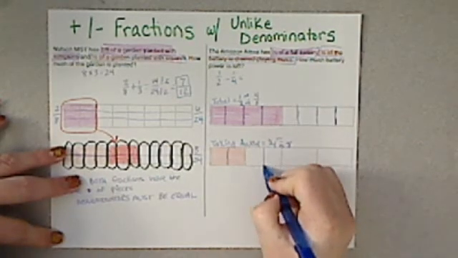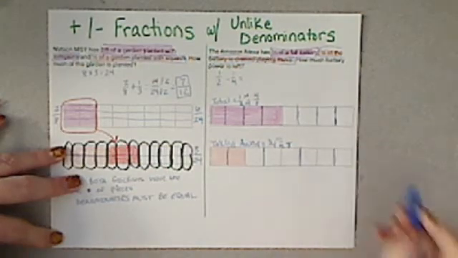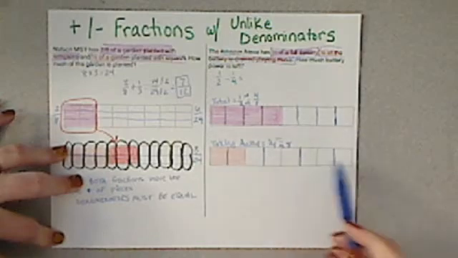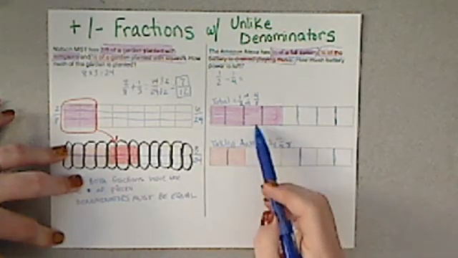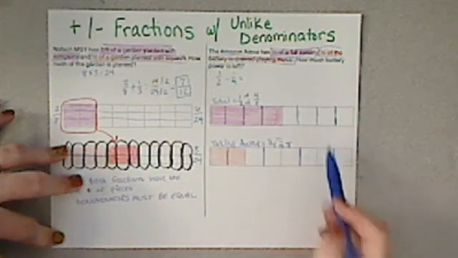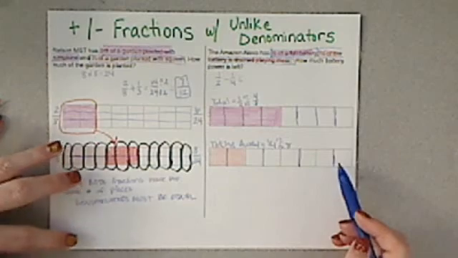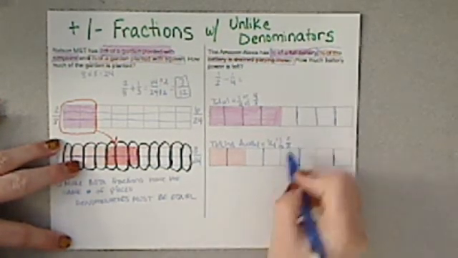There's 2, 2, and 2. And now if you look at this, don't these bars look a lot alike? Almost exactly. Even though we drew in the lines, they're almost in the exact same place. Now I have 2 out of 8.